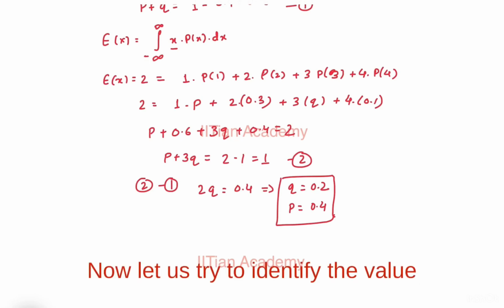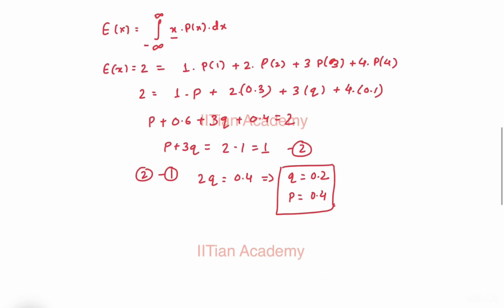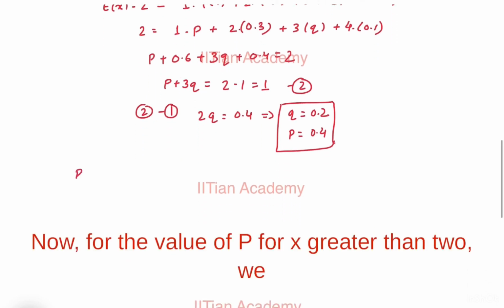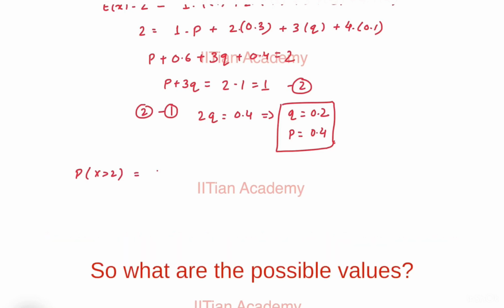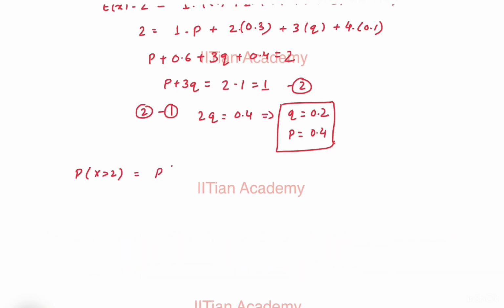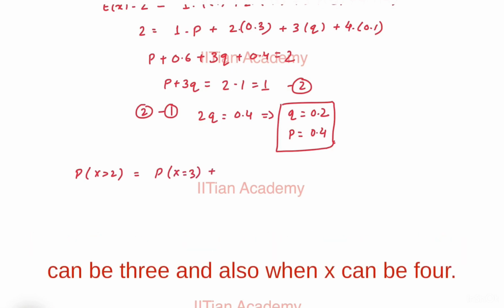Now let us try to identify the probability for x greater than 2. So what are the possible values? x can be 3 and x can also be 4.